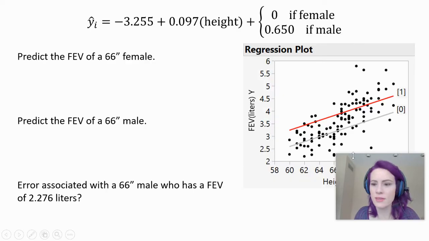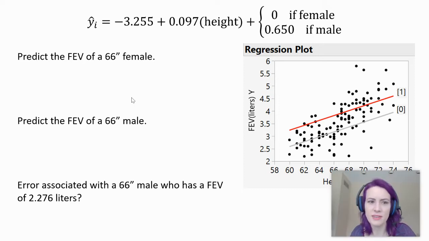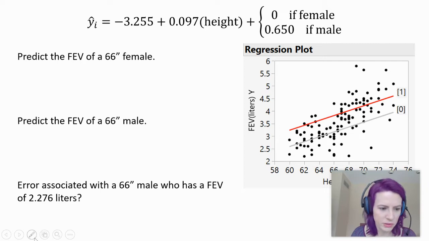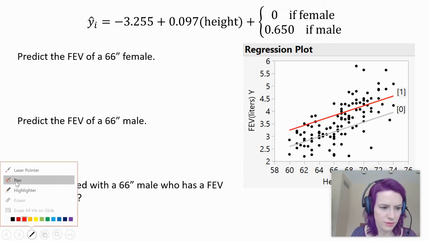All right, so let's practice using this type of expression to make some predictions. So if it's a female who's 66 inches tall, what would we predict for her FEV?